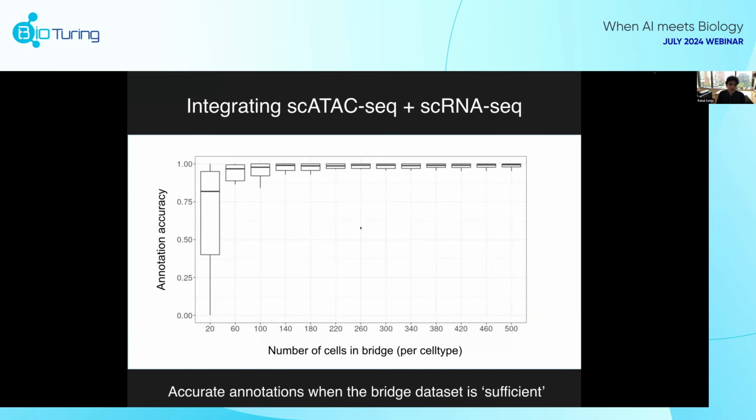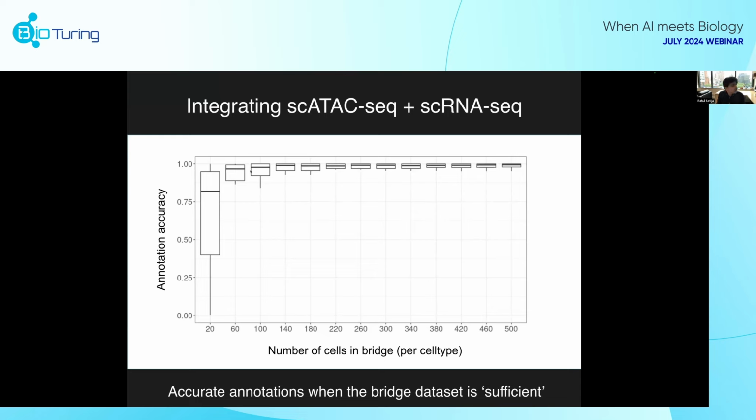We did a benchmark analysis with some ground truth data where we slowly downsampled the bridge data set to start to see how that affected algorithmic performance. And what we found is, obviously, it depends on the diversity of cell types and the rarity of cell types in your experiment. So for rare cell types, you need a bigger bridge data set than for abundant cell types, which I think makes a lot of sense.